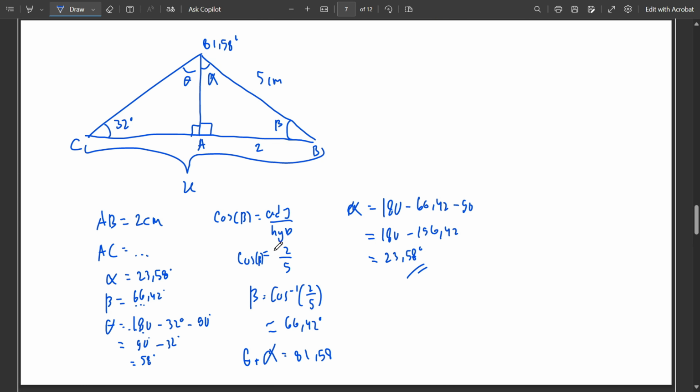So let us see if it checks out. Do all the angles here add up to 180 degrees? 81.58 plus our beta 66.42 plus our 32 degrees.